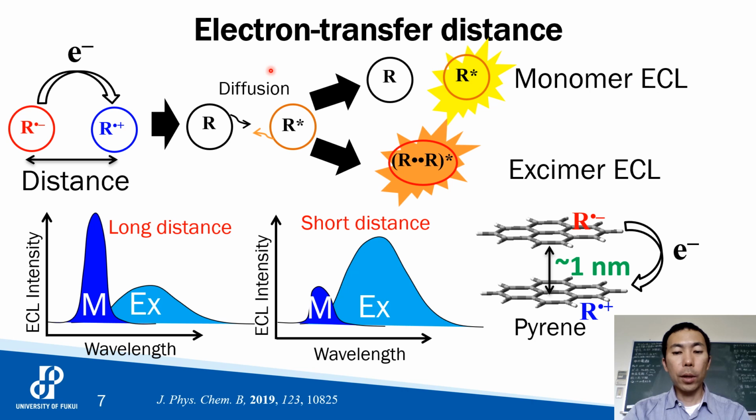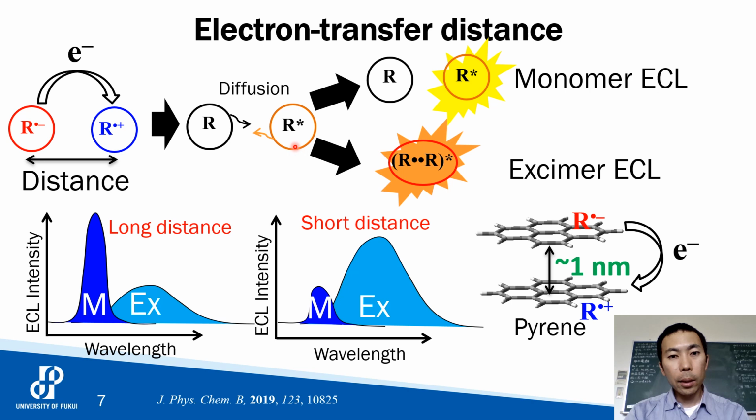Because the electron transfer process is coupled with diffusion, it is quite difficult to reveal the electron transfer dynamics, such as the electron transfer distance. The electron transfer occurs at a distance between the radical cation and anion, and after electron transfer, the excited state of a molecule will be formed.